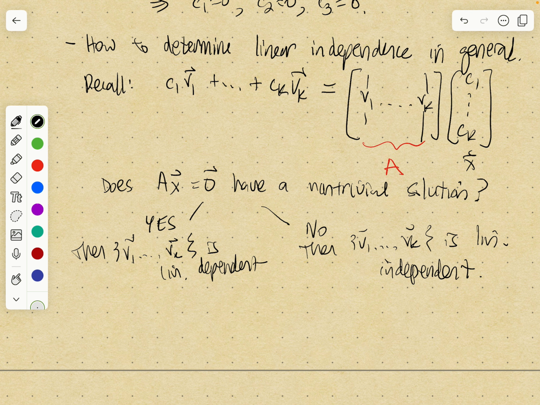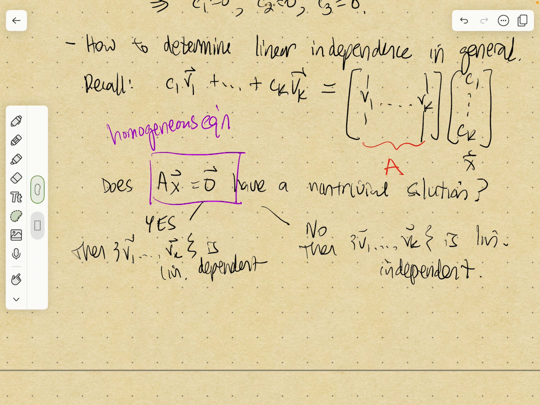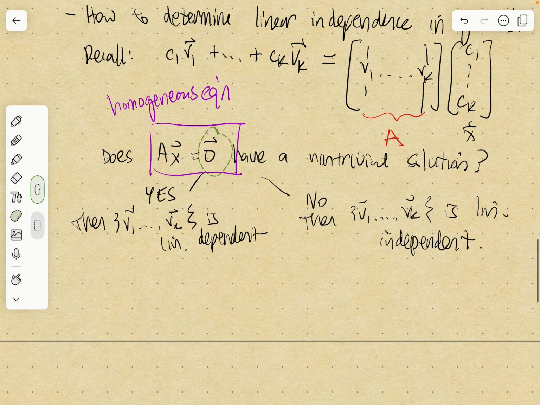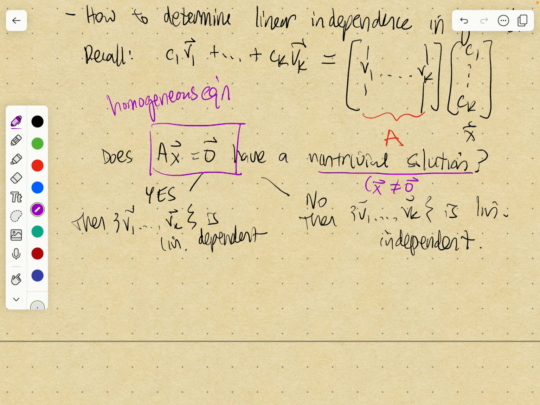The equation Ax equals 0 is the homogeneous equation, because b is the zero vector. The homogeneous equation always has x equals 0 as a solution, but does it have a non-trivial solution? That's the question we want to ask. Non-trivial meaning x is not the zero vector.